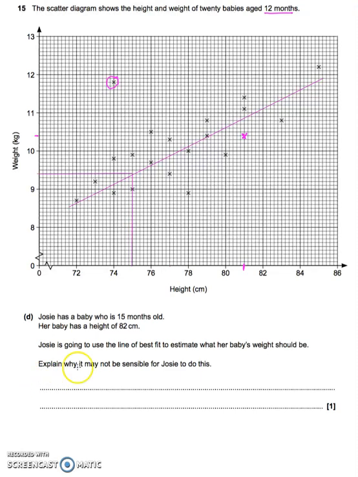So the graph is showing height and weight for 12-month-old babies.